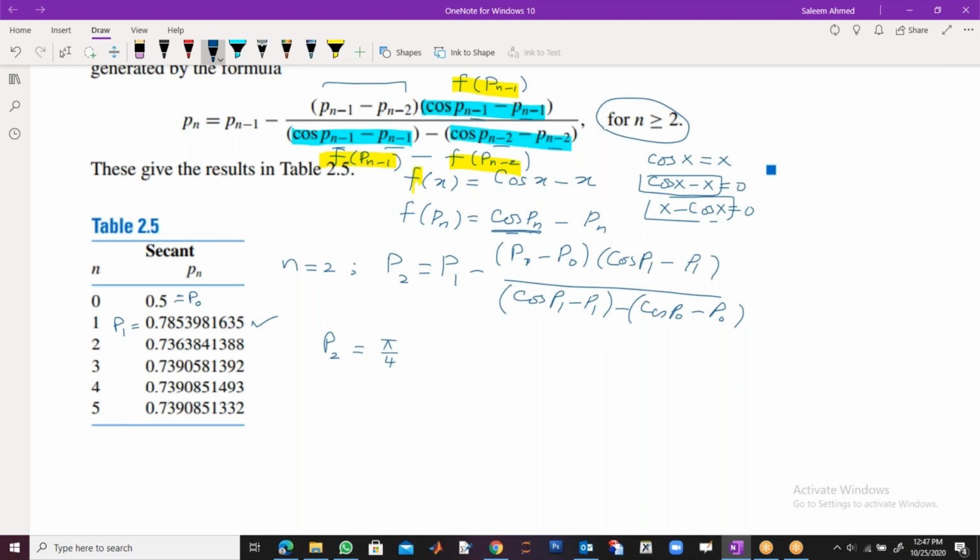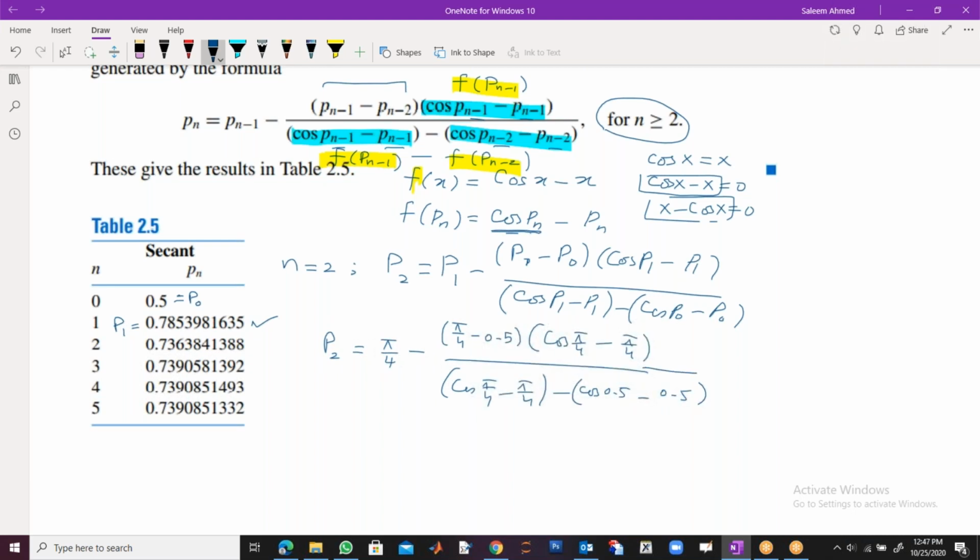This is pi by 4. Minus pi by 4 minus P0, which is 0, cosine pi by 4 minus pi by 4, divided by the same thing, cosine pi by 4 minus pi by 4, minus cosine P0 minus P0.